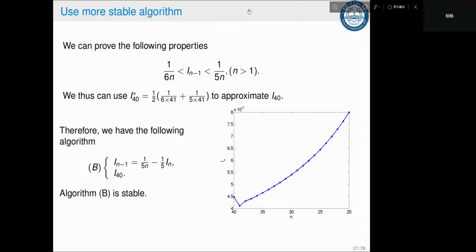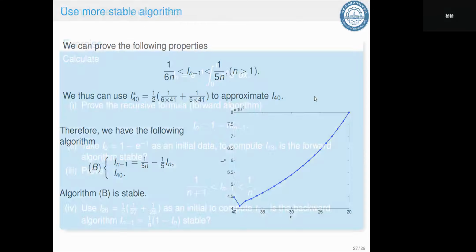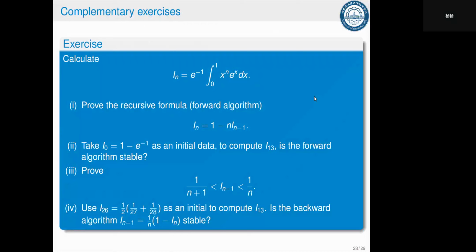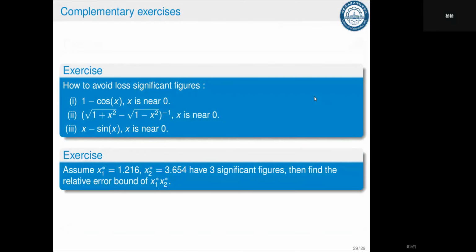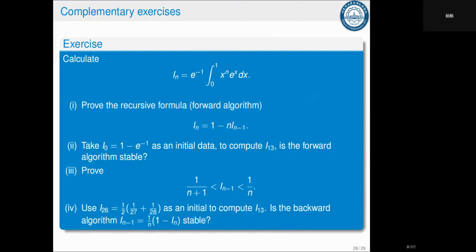Here I leave you some exercises to do. Firstly, this exercise is to compute I_n, and here I will use n equal to 13.